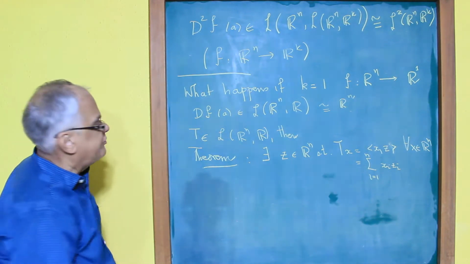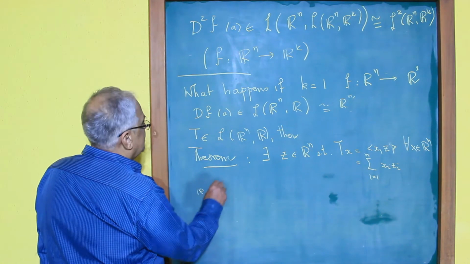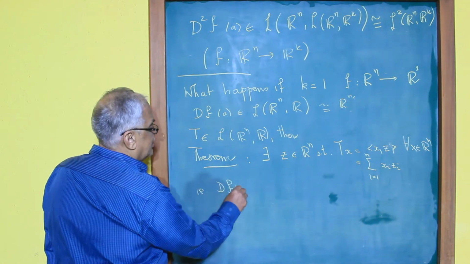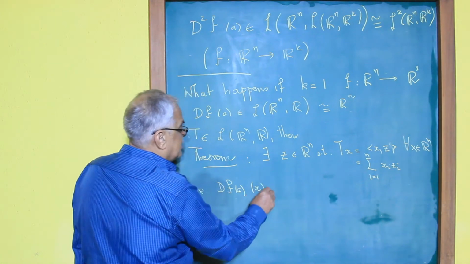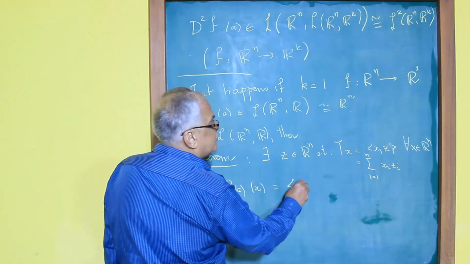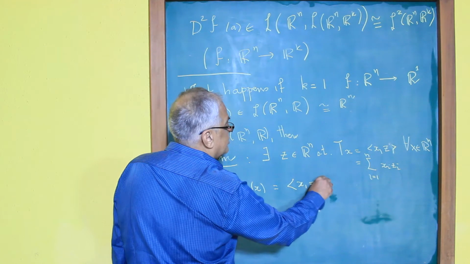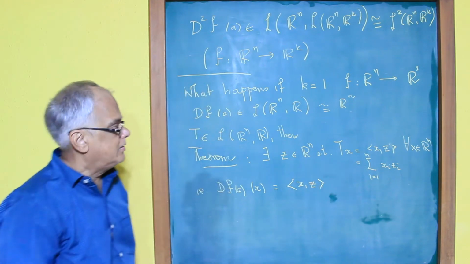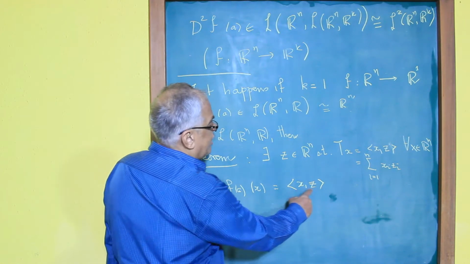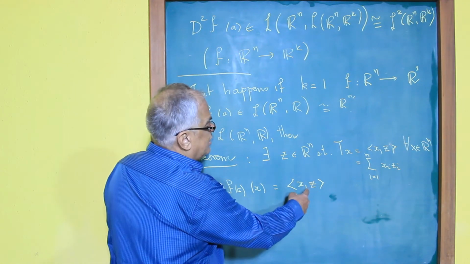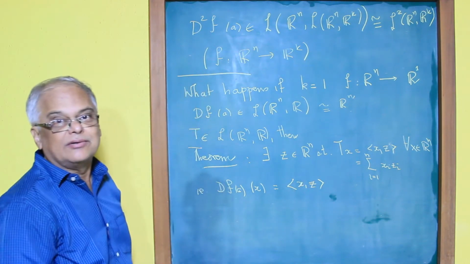In particular, this says that df at A acting on x is equal to the inner product of x with z, because every linear map from Rn to R is given by an inner product against something, and that quantity I will call z.